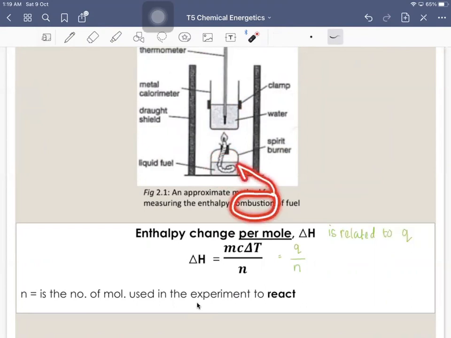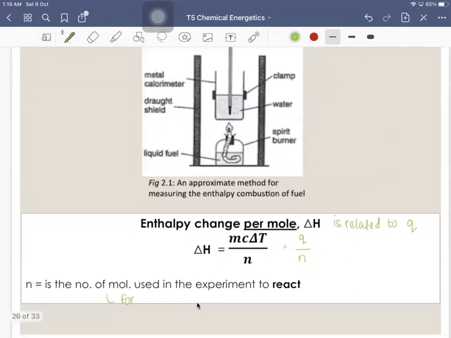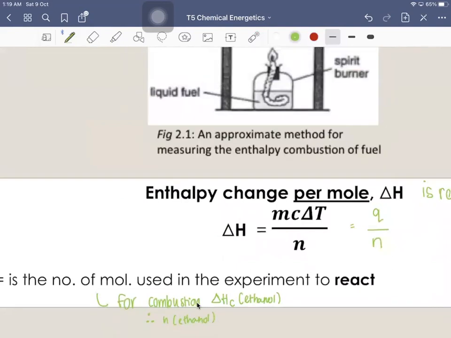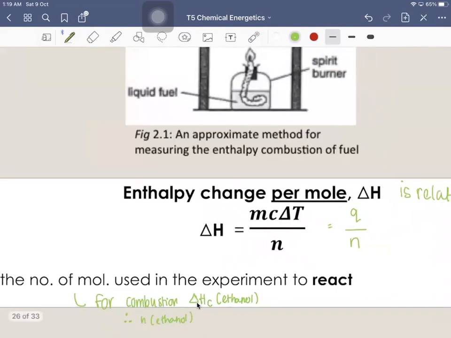That means we are burning ethanol. So the number of moles that we're interested in is of ethanol. So for example, in this case, for combustion, delta Hc is of ethanol. Therefore, we're interested in using the number of moles of ethanol.